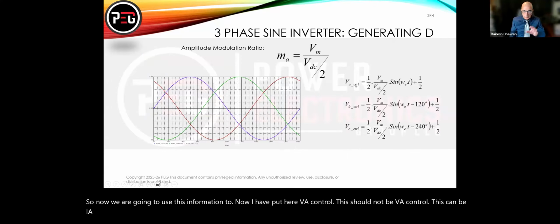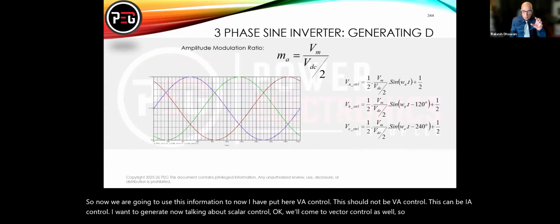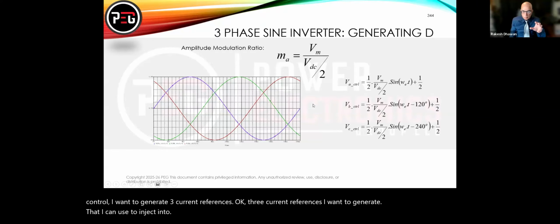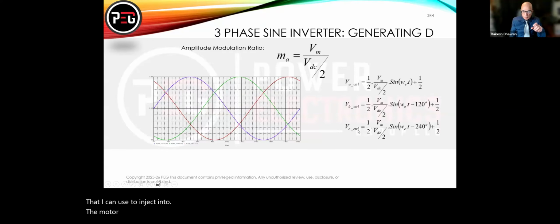I want to generate, now we're talking about scalar control, okay? We'll come to vector control as well. So in a scalar control, I want to generate 3 current references that I can use to inject into the motor. Okay, and these 3 current references need to be perfectly in phase with the back EMF.